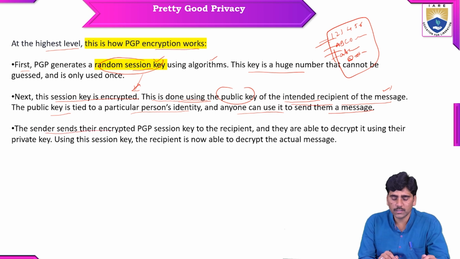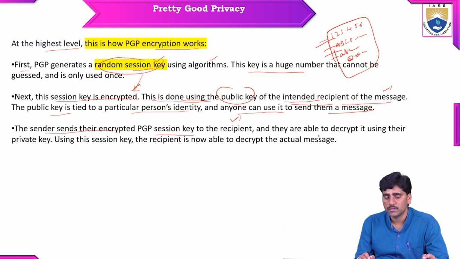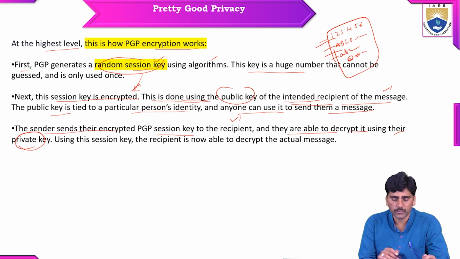The sender sends their encrypted PGP session key to the recipient, and they are able to decrypt it using their private key. So after sending the mail or file, the recipient is able to decrypt it using their private key.